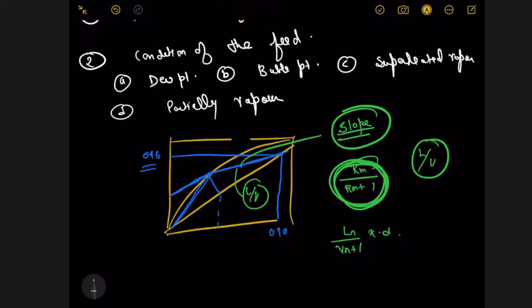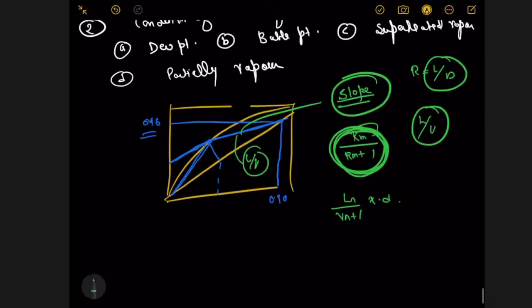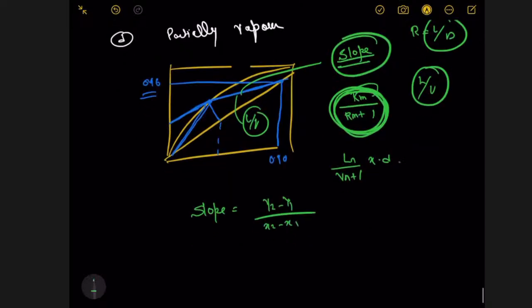So solve this. And the reflux ratio is L by D. When you calculate the slope, it will be y2 minus y1 upon x2 minus x1.